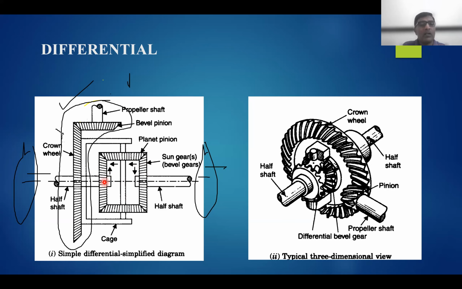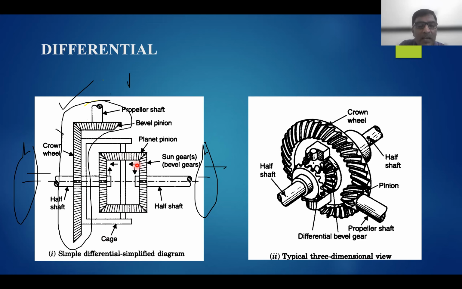So once again, I will repeat. This bevel pinion is in mesh with the crown wheel. This crown wheel is free to rotate. And on this crown wheel, there is the cage. Now the cage is rotating. On this vertical shaft, the planet pinion is provided. These are also free to rotate.